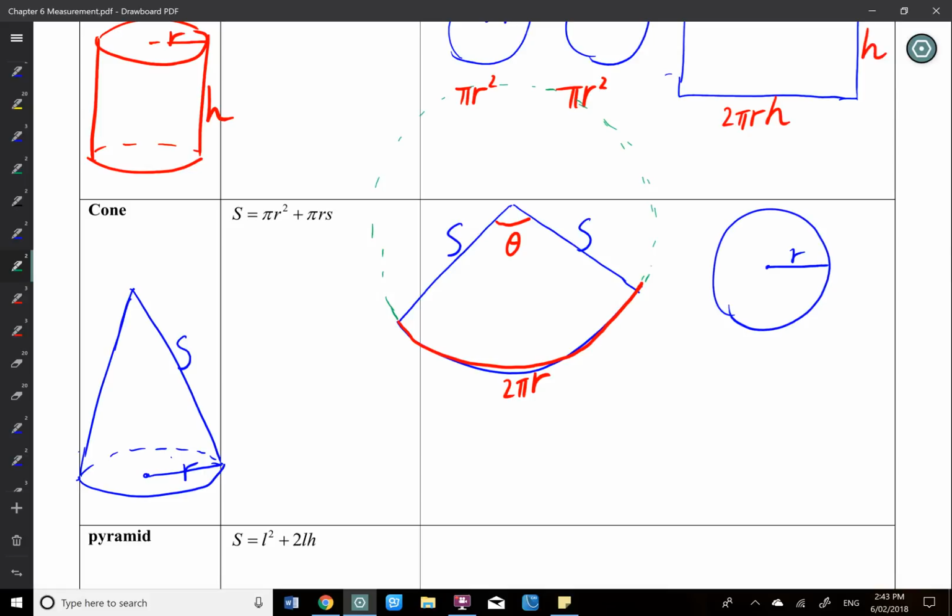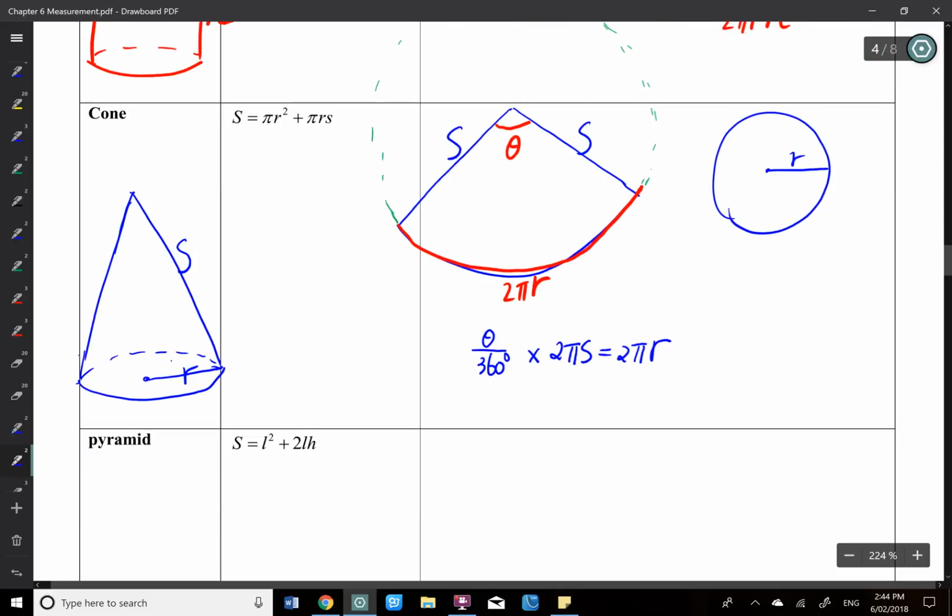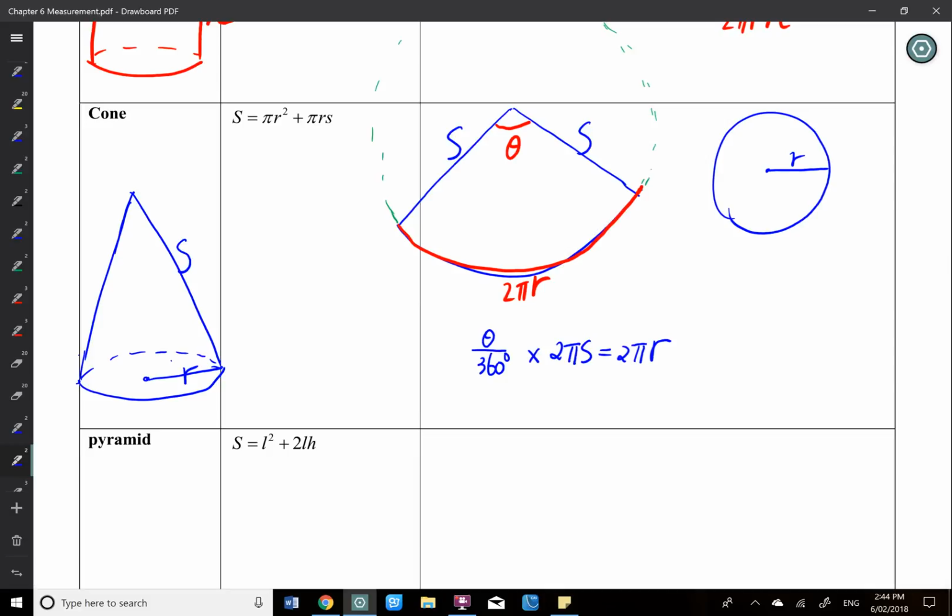What's the radius of this big circle? S, the slant height. Because this is the radius. So we draw a full circle. I will write something and you think whether it's right or wrong: theta over 360 degrees times 2 pi s equals 2 pi r. Let me know what you think about this equation, whether it's right or wrong.